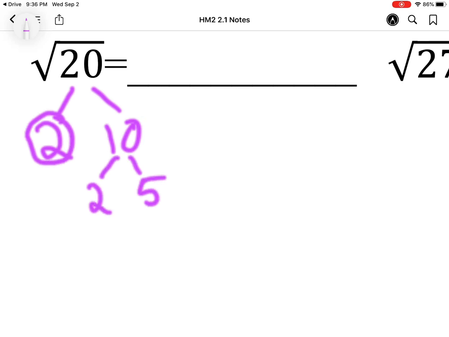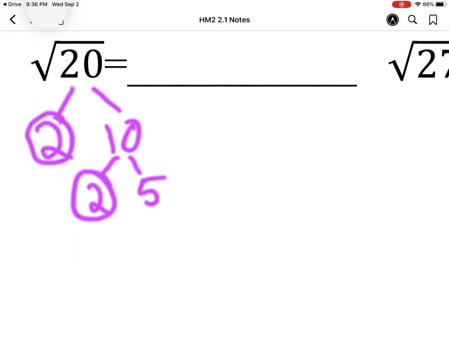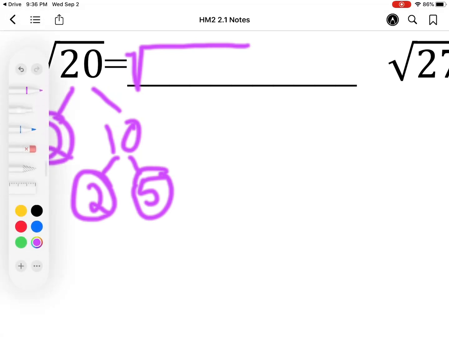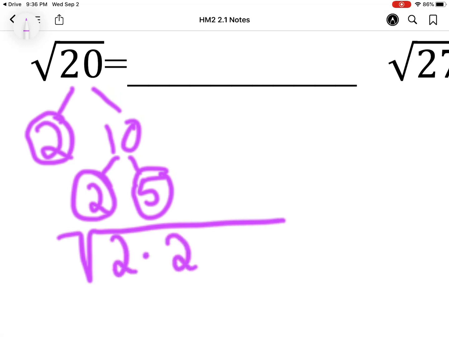2 is prime, 10 is not, so you go 2 and 5. 2 is prime, 5 is prime. You can't divide it by any other number but 5 and 1. So that means under the radical, and I'll even put it down here, we have 2 times 5.